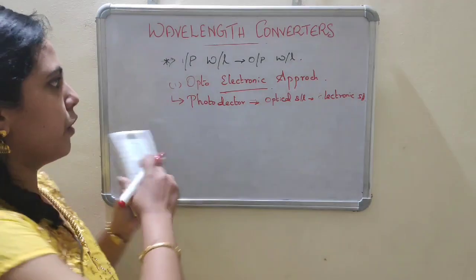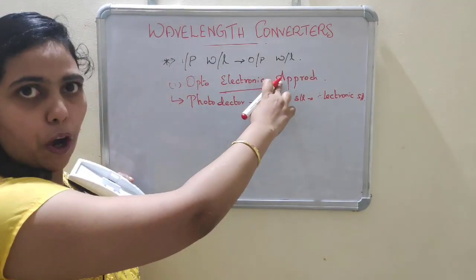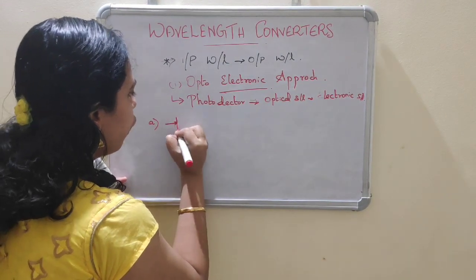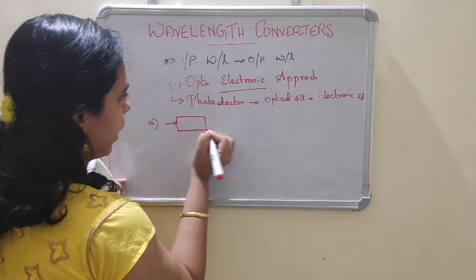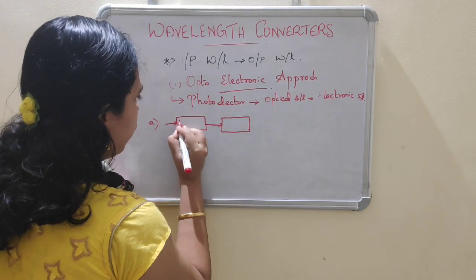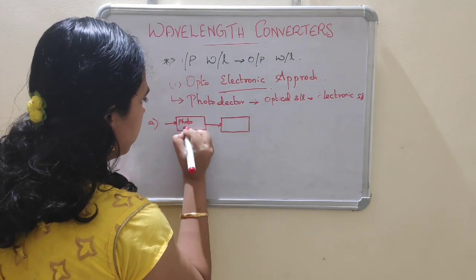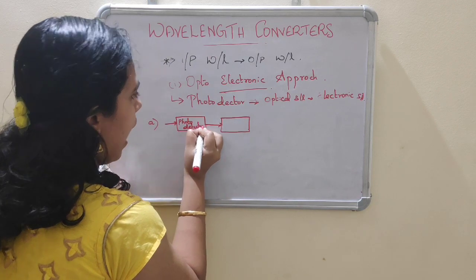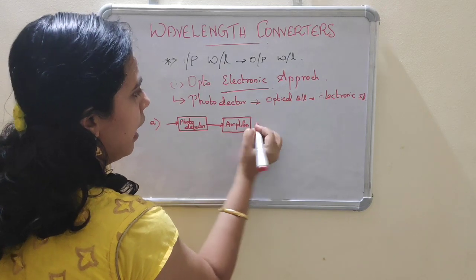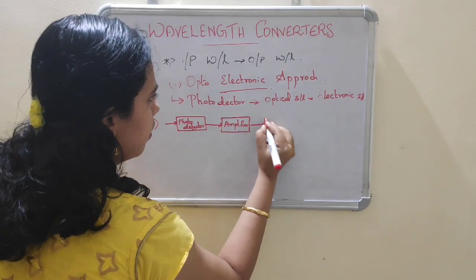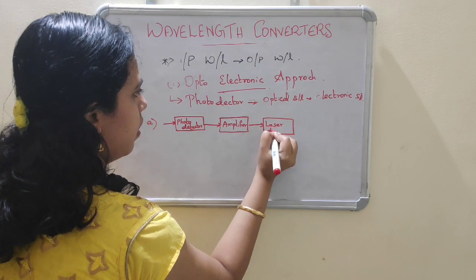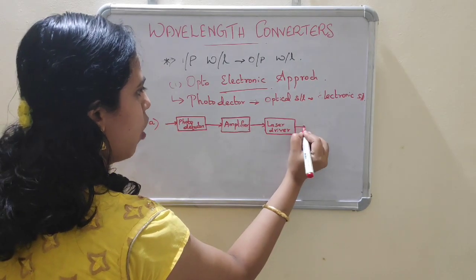I will explain the first one in the diagram: photodetector, amplifier, laser driver, and laser output.